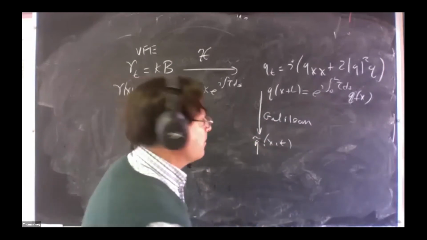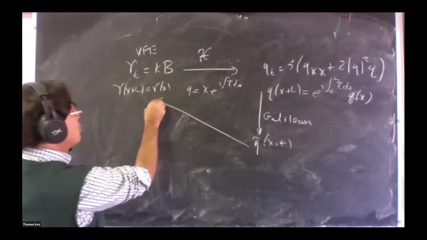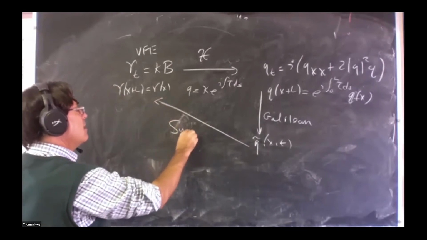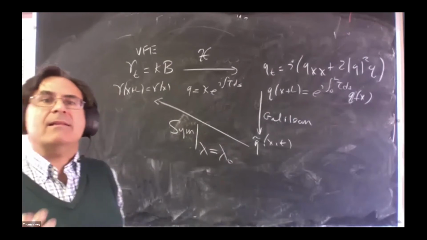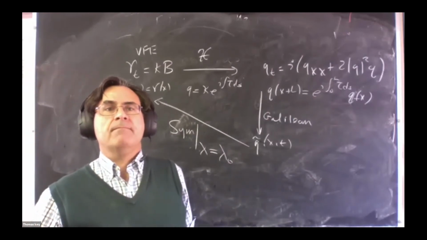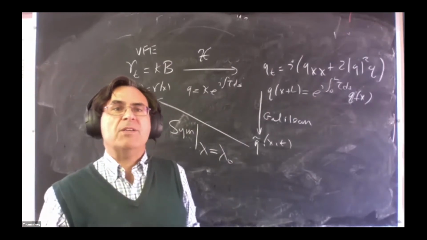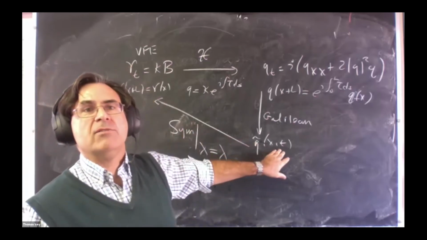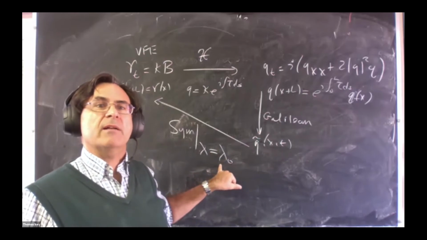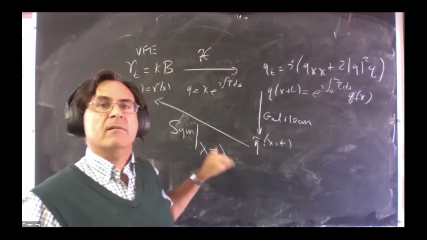And moreover, you can get back to your original curve if you do this at a related non-zero lambda. So that's closing the loop between periodic curves and periodic NLS solutions. That's why you want to use this at a non-zero lambda value.